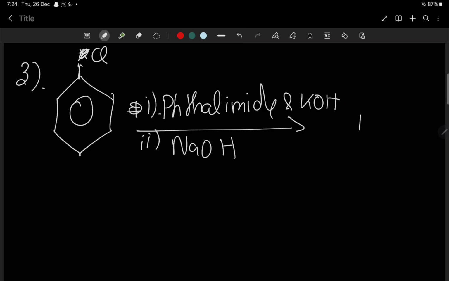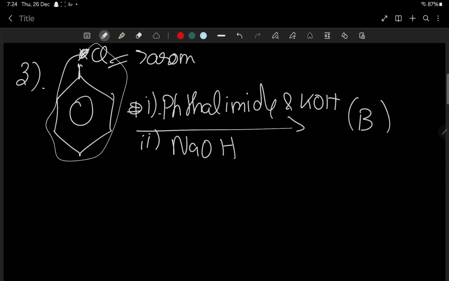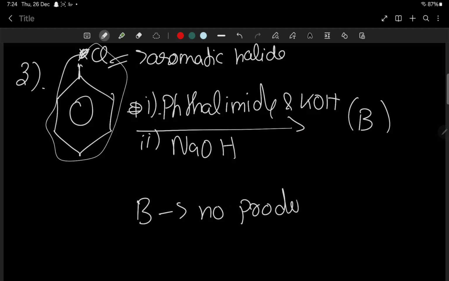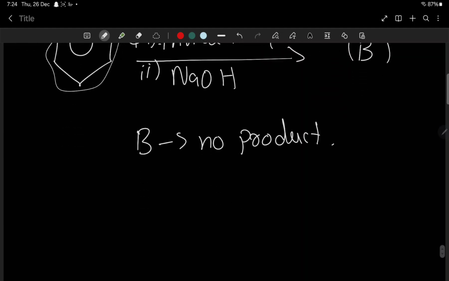What is the final product B? Look, this is the reaction. What reaction is this? Gabriel phthalimide synthesis. And what is this? It is an aromatic halide, or haloarene. This will not undergo Gabriel phthalimide synthesis. So what is B? No product. Nothing will be formed. So these are the questions.